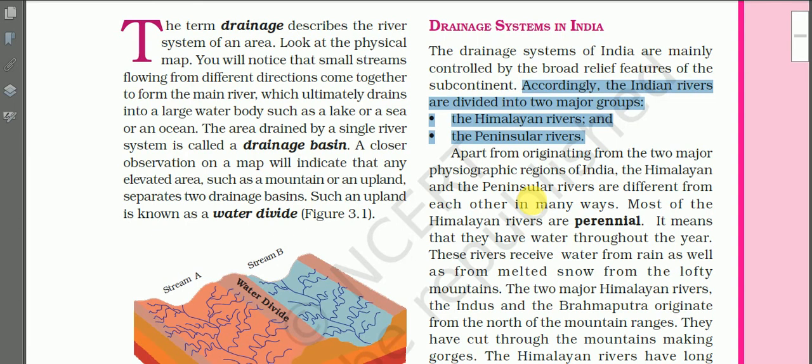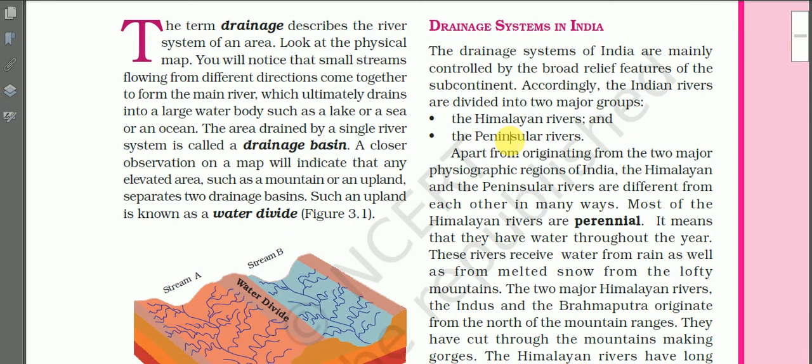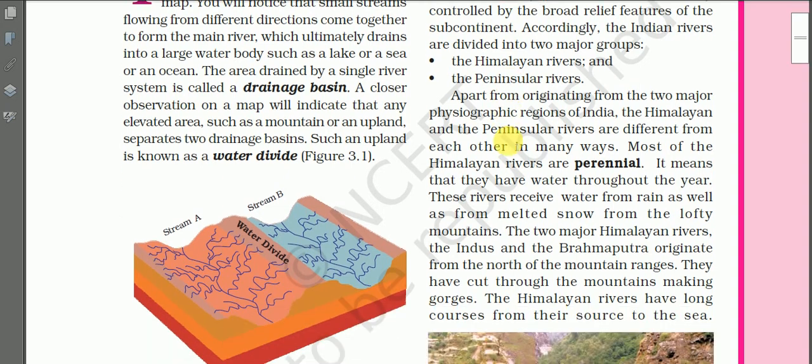But generally in our book we have these two types of drainage systems in India. Okay, see, the Himalayan river system and a Peninsula River system, based on the orientation and origin. Okay, from where the river is originated and to where the river is falling down. Based on this, we have two river systems in India, Himalayan rivers and Peninsula rivers. Now let us try to find out the difference between the Himalayan rivers and the Peninsula rivers.